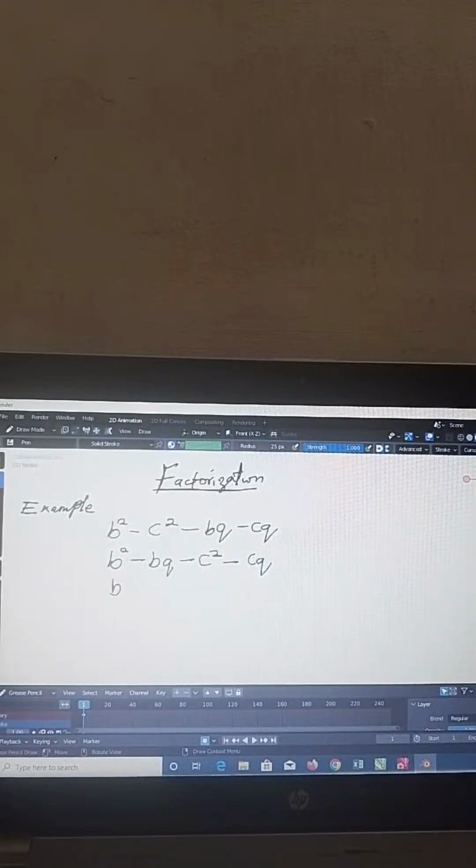B is common, bring b out. If b squared is divided by b, you have b left, b minus b cube divided by b, you have b square. Then minus c is common, what is left? C minus c square. So you see that it has been expressed like this.